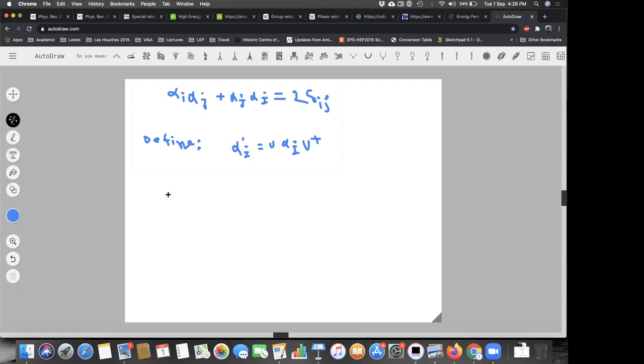Now I check what is the relation that this alpha i prime satisfies. Alpha i prime, alpha j prime.